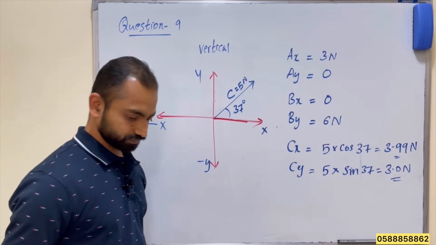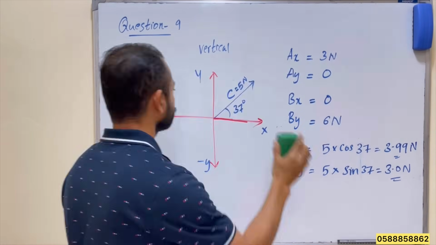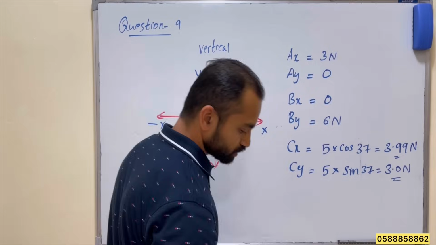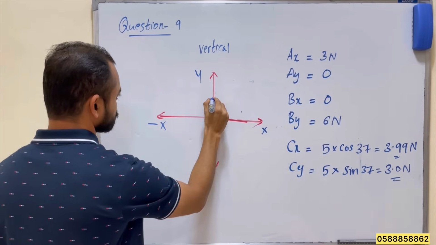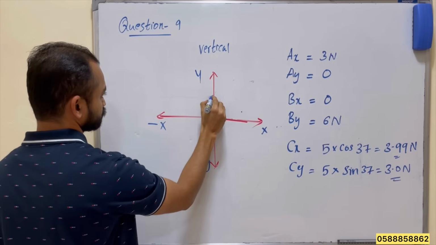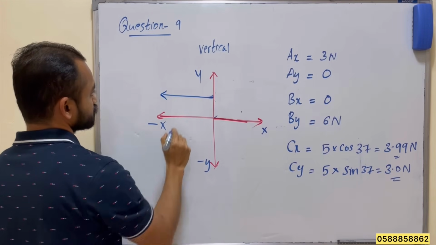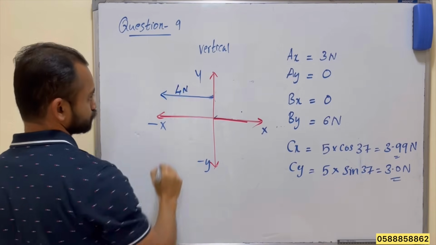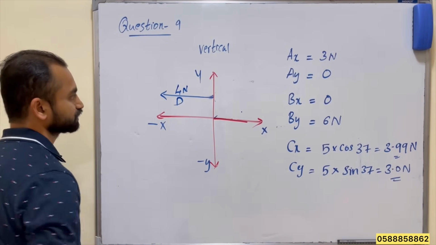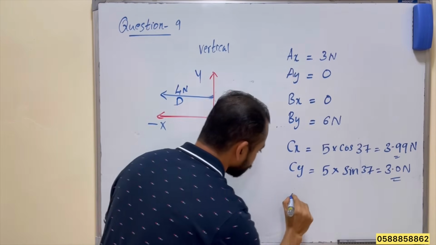Then next, if you have a vector along this direction, for example, this is a 4 Newton force. We will give a name D. So what is its x component?